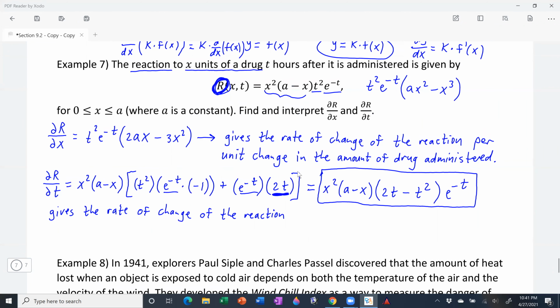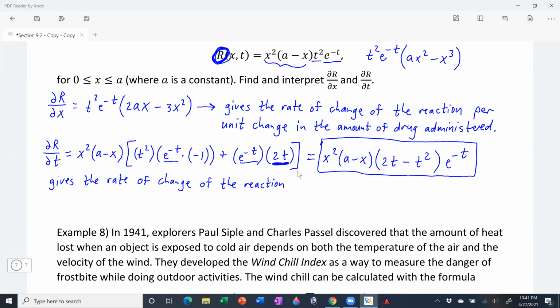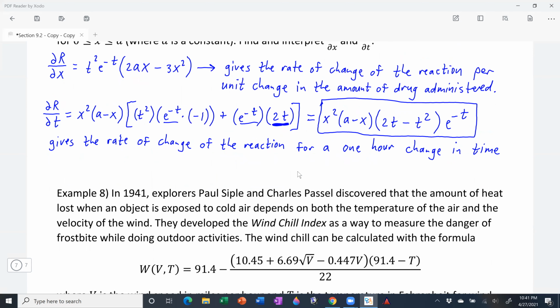So if the units are hours, it would be the rate of change of reaction for a 1 hour change in time. Okay, so that's the per unit change, and we can get more specific per 1 hour change in time.